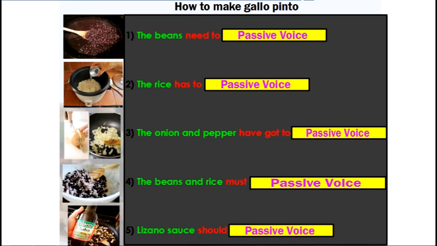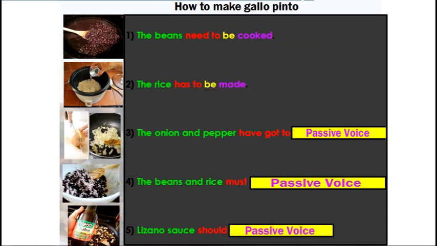So let's look at our steps. So step number 1, if we remember, I'm saying that the beans need to be cooked. That's the passive voice. Step number 2, the rice has to, again, be made using the passive voice.